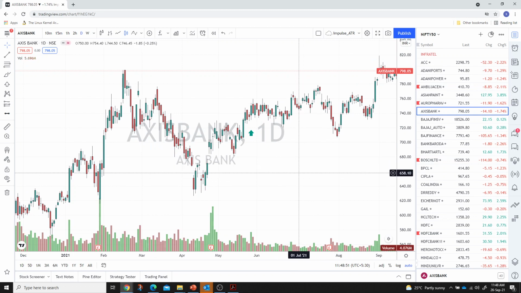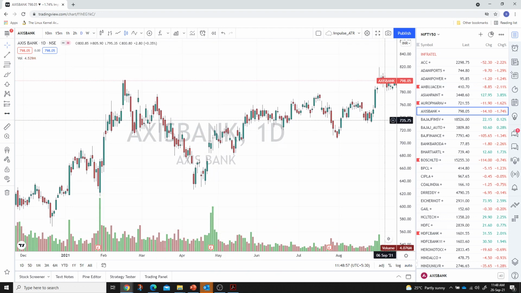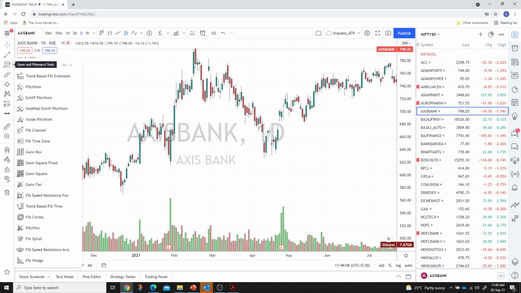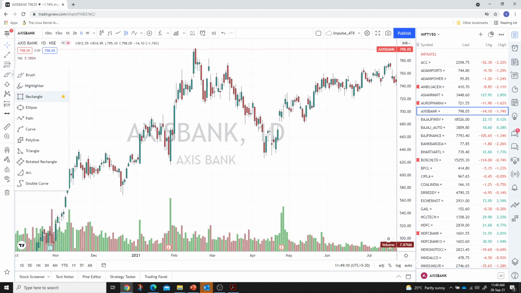I do not know anything about it. But over time, I build some level of knowledge, and without me drawing anything, I can say that there are some areas which are good demand zones, and some of them which are good supply zones.